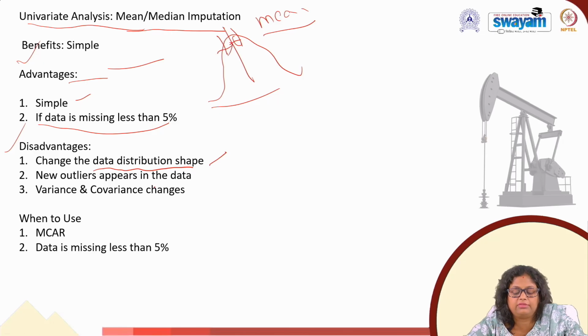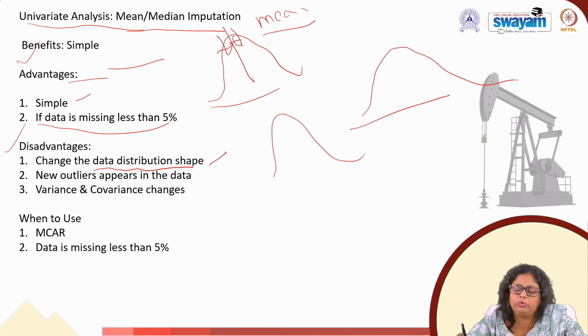That's why there are changes in the distribution shape. Similarly it would be true if you have skewed data. When we change with the median, again the data shape will change. One more disadvantage is the appearance of new outliers in the data. Then there would be changes in the variance, and covariance changes would also be there.